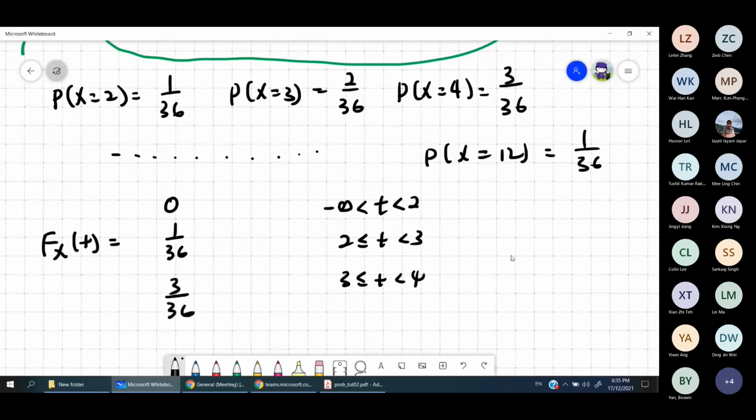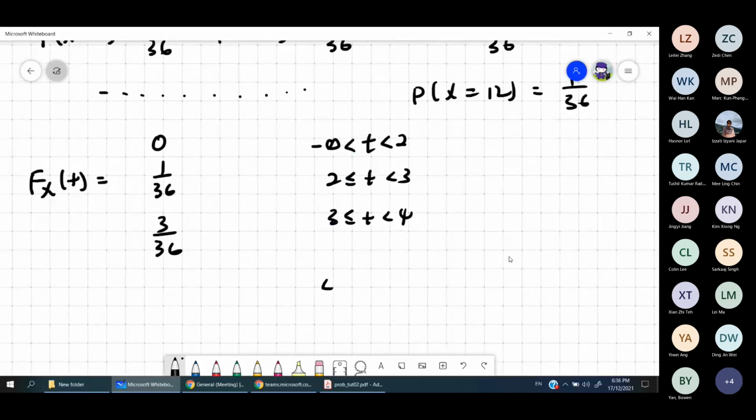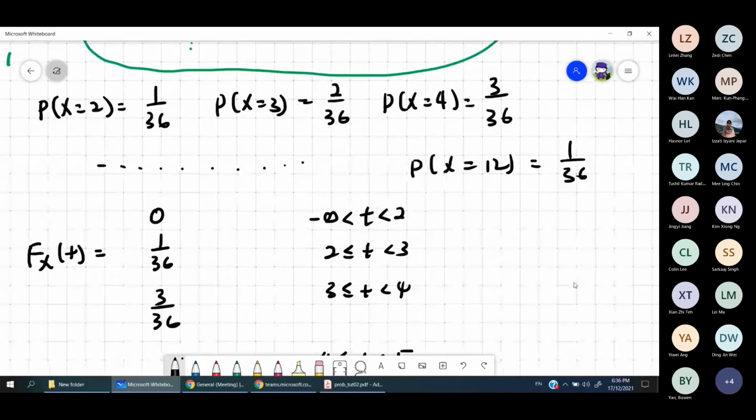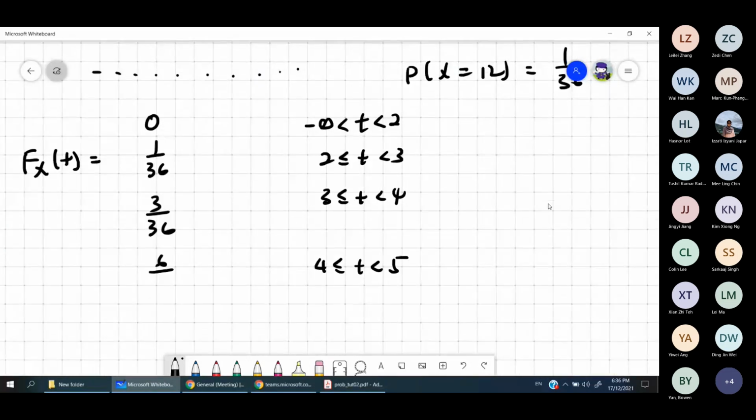And when it comes to the next one, 4 to 5, you have to sum up all of them: 1 plus 2 plus 3. So that's why it has to be 6 over 36. Okay, you go on.